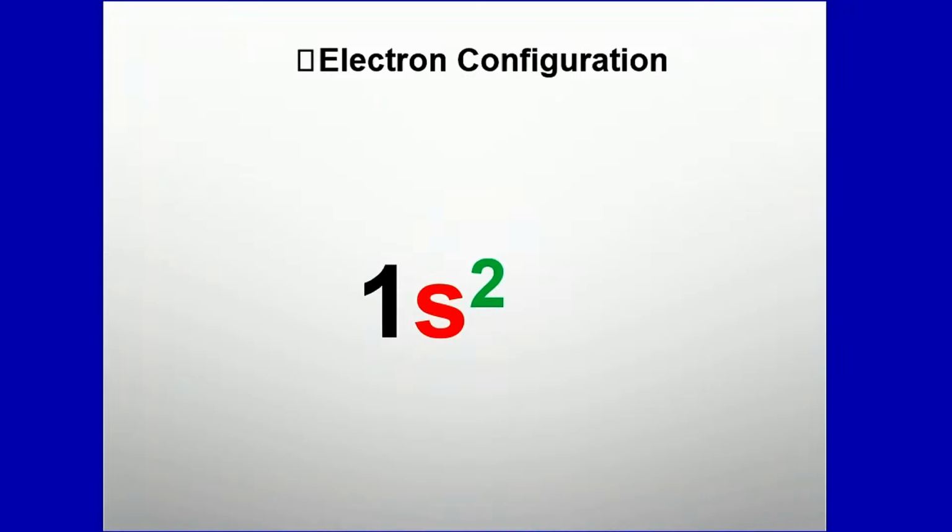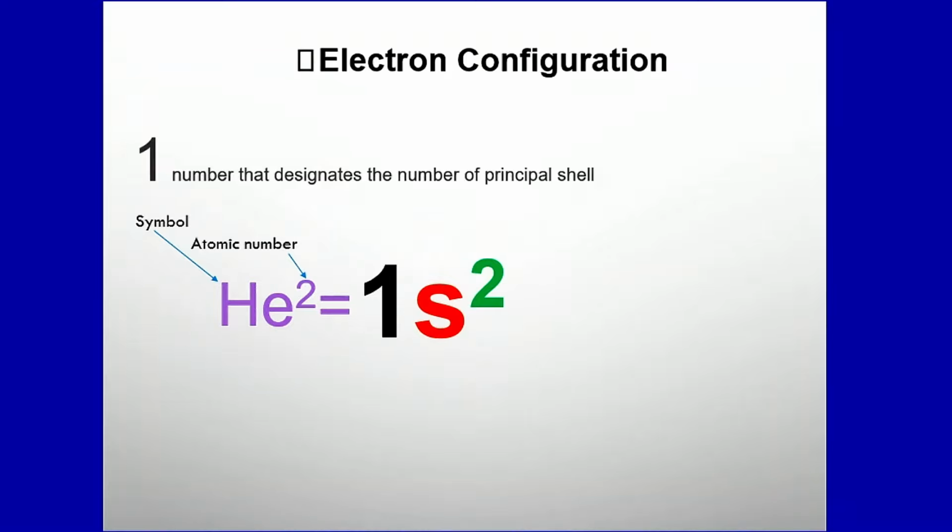We have here an example of an electronic configuration, but what are its components? We have the symbol of the element. Then we have the atomic number, which is equal to the number of electrons to be distributed.